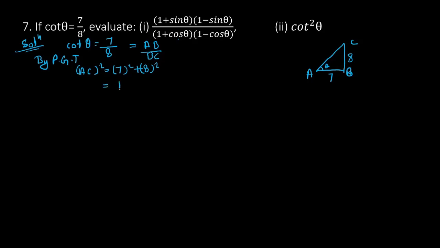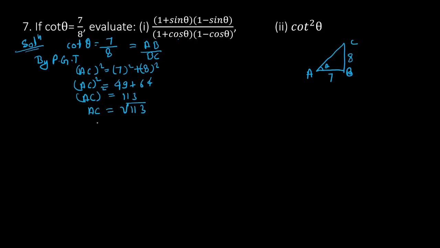So 7 7s are 49, 49 plus 64 is 113. So AC whole square equals 113, so AC equals under root 113.